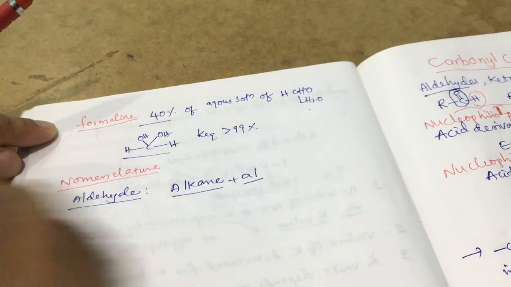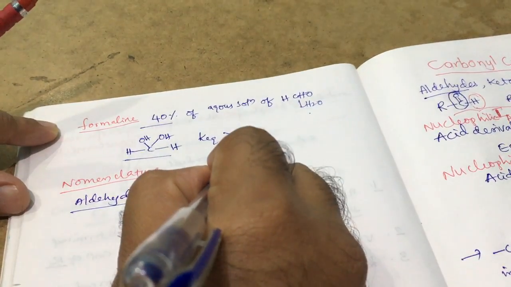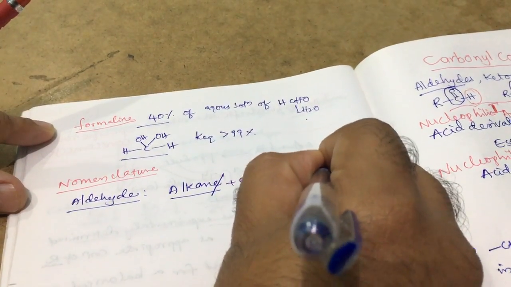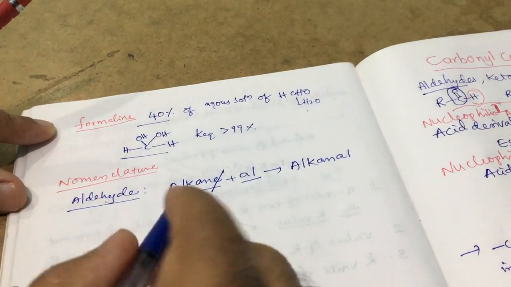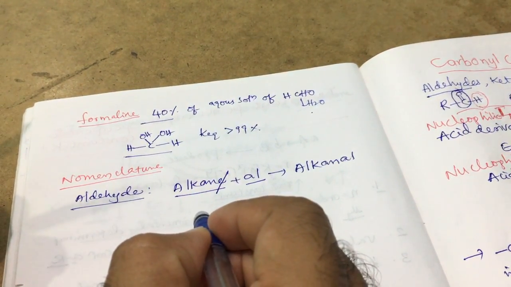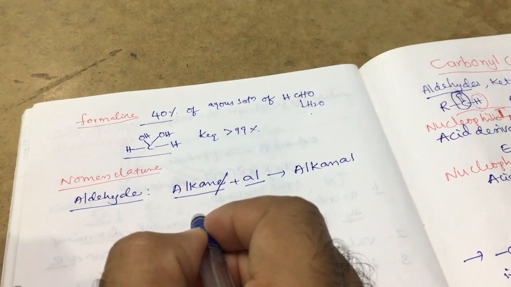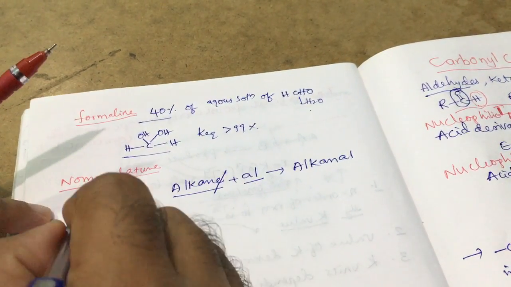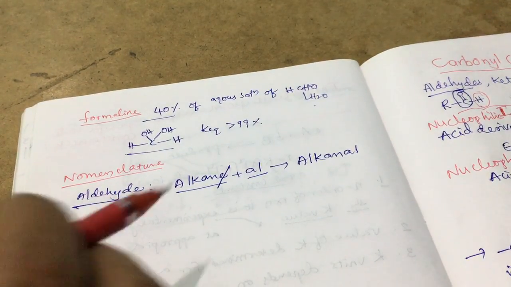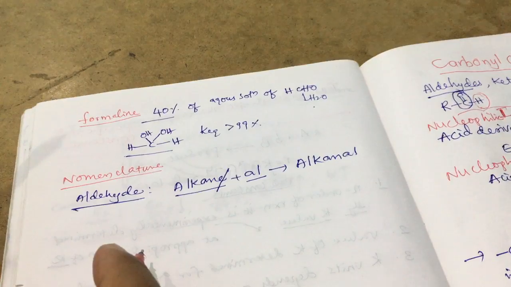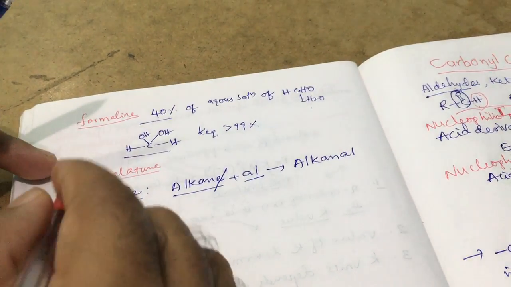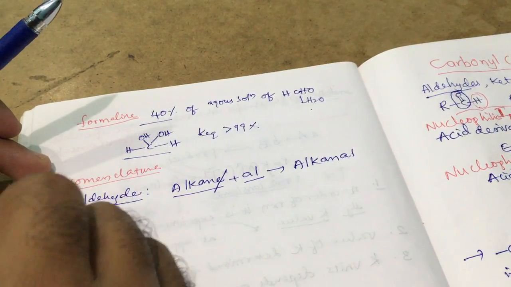Remove the e and read the complete name, that is called alkanal. Keep in mind, for aldehyde the functional group suffix name is not designated with a numerical locant. For ketone it is denoted, because when the terminal functional group is there, it always carries the first number. That's why no need to denote its number or locant number.